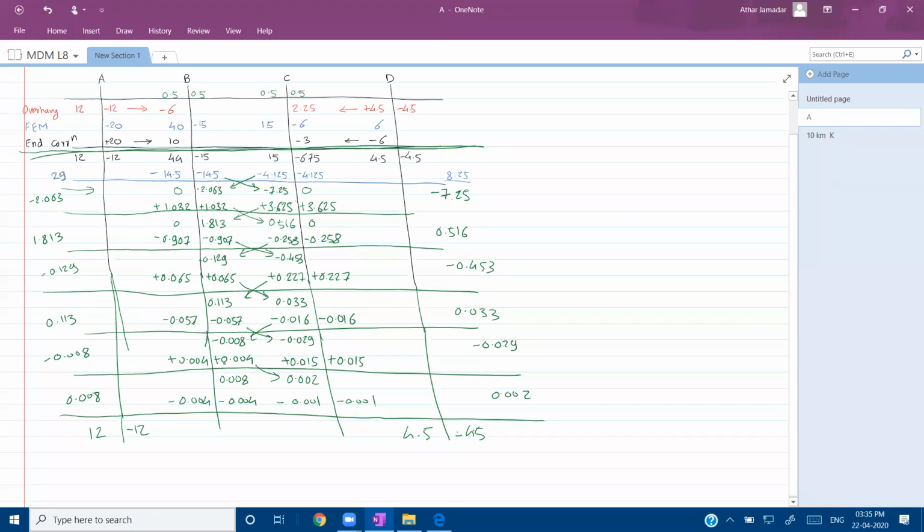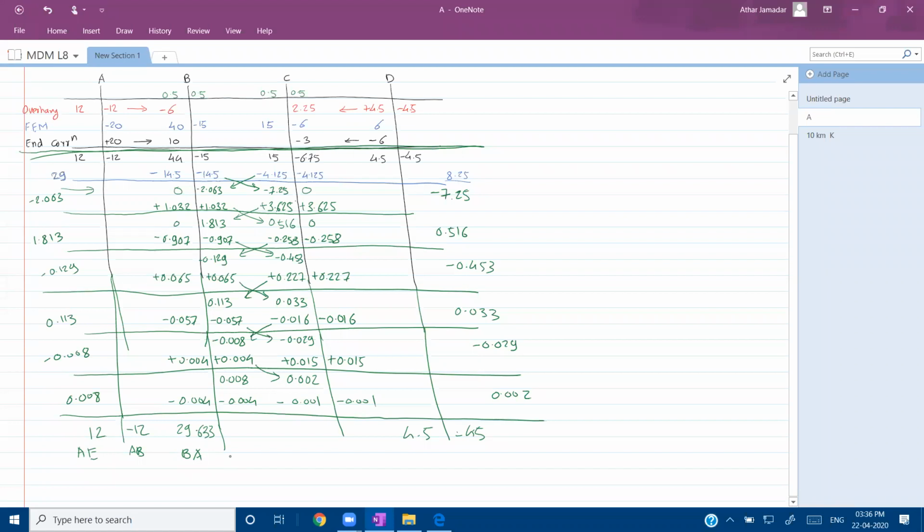If you take this vertical summation, so this moment here will be 29.633. Now for right hand side, this is MAE, this is MAB, this calculated moment is MBA.